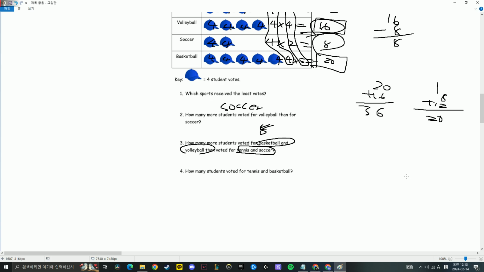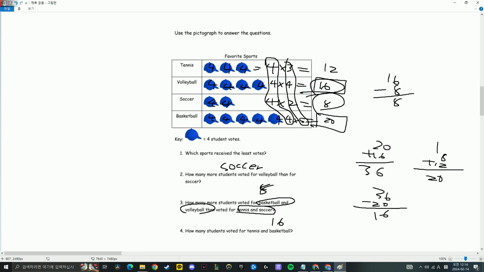And the question is asking how many more students, so that'd be 36 minus 20, which gives us 16. How many students voted for tennis and basketball? So it's tennis added up with basketball, that'd be 12 plus 20, which is 32.